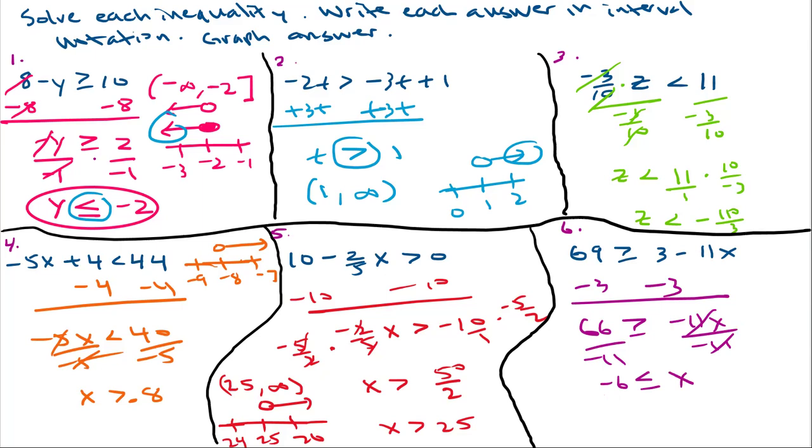Okay. So in interval notation, we want everything less than or equal to. Actually, what I want to do is rewrite it so that the variable is on the left side. So this is going to be -6 less than or equal to x. You don't have to do that, but it does help, especially when you're graphing. So -6 less than or equal to x, or x is greater than or equal to -6.